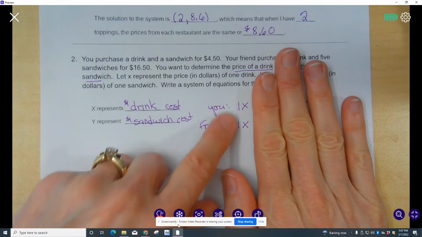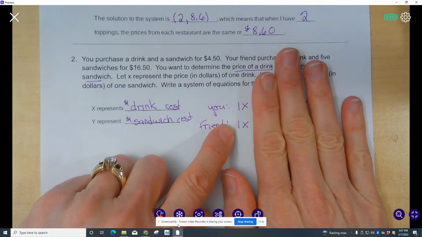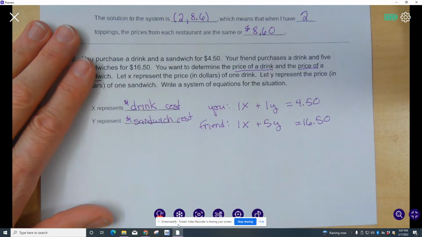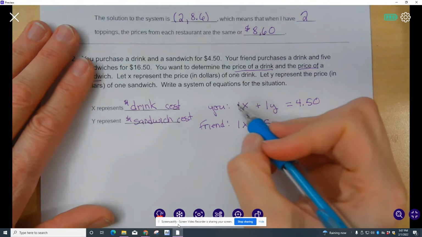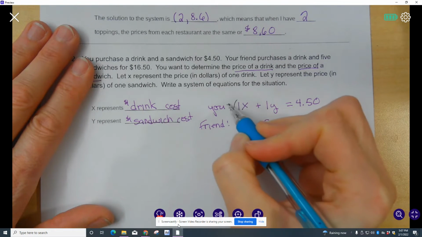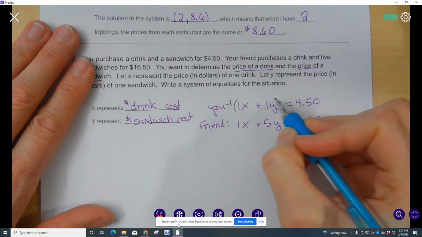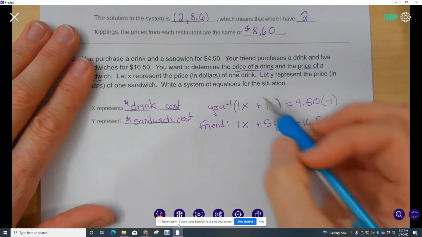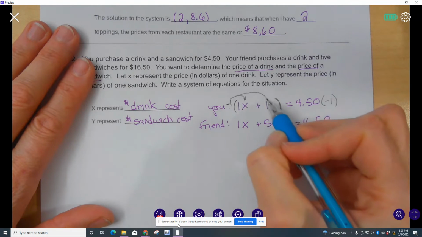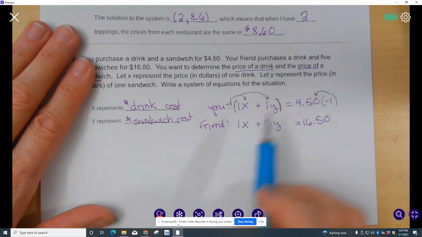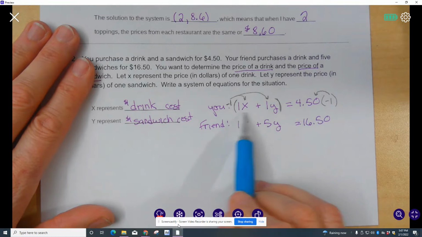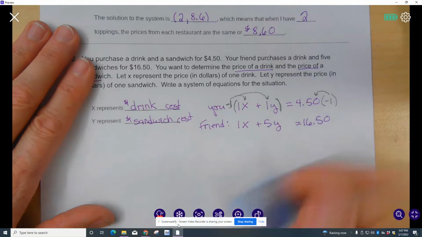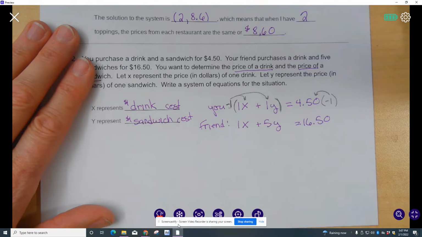If I multiply one of these equations by -1, then I would have a -1 and a +1, and that would get me my opposites. So let's do that. I'm going to multiply this first equation by -1. Remember, you have to multiply every part of the equation by -1, which is always going to be 3 places. Do the parentheses, do the arrows on both sides so you don't mess that part up.